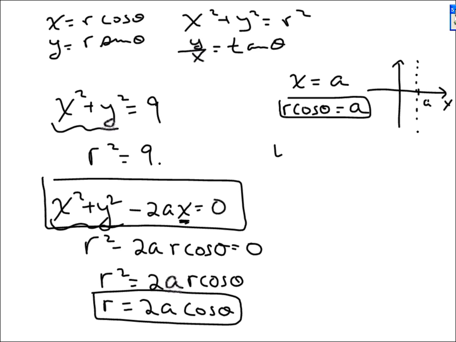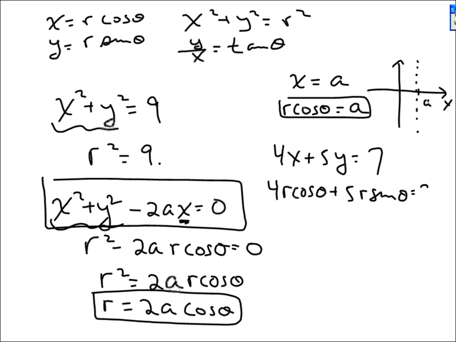How about this line? 4x plus 5y is equal to 7. That's an equation of a line. 4, x is r cosine theta, plus 5, y is r sine theta, equals 7. Straight line. Slope is not 0 or undefined this time.